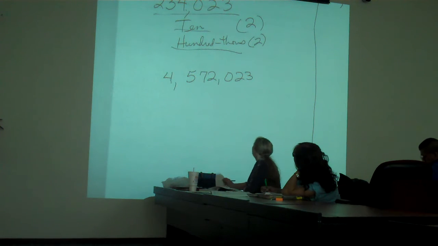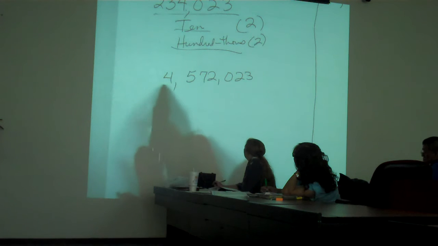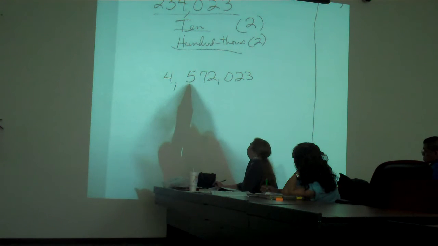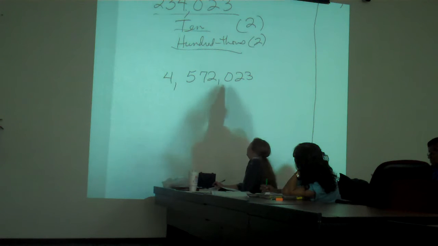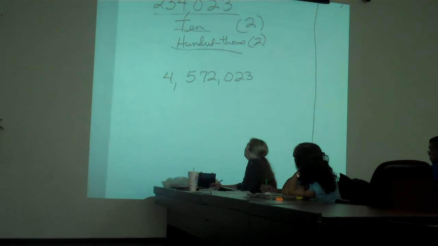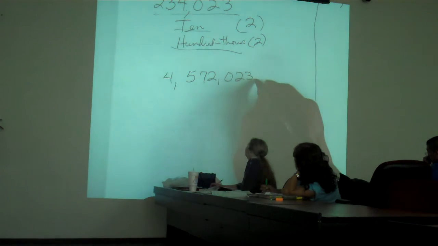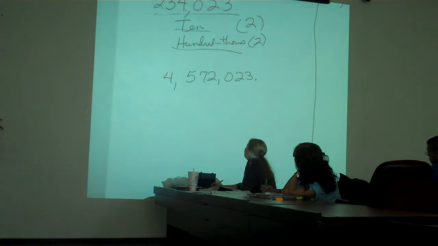You'd say 4 million, 572 thousand, 23. You wouldn't say "and 23"; "and" is saved for after the decimal, okay?